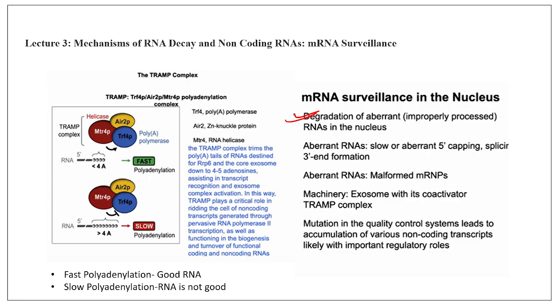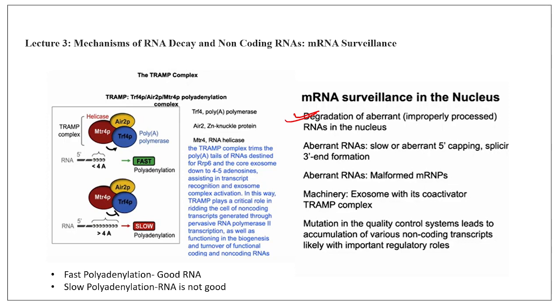So in either case it is not a good condition. It might lead to some kinds of diseases, some kinds of pathological conditions. Therefore, those RNAs that are improperly processed, that means aberrant RNA, have to be removed from the nucleus. And the removal of those aberrant RNAs from the nucleus happens with the help of the exosome, in particular the TRAMP complex.